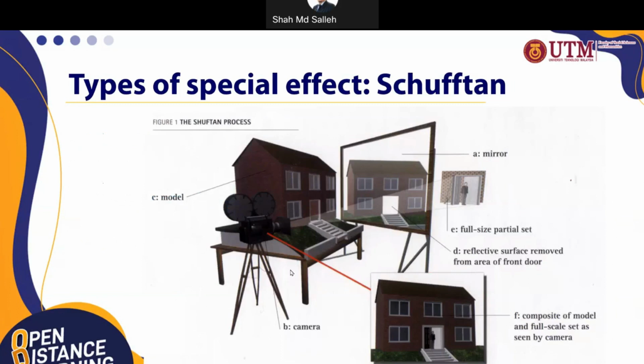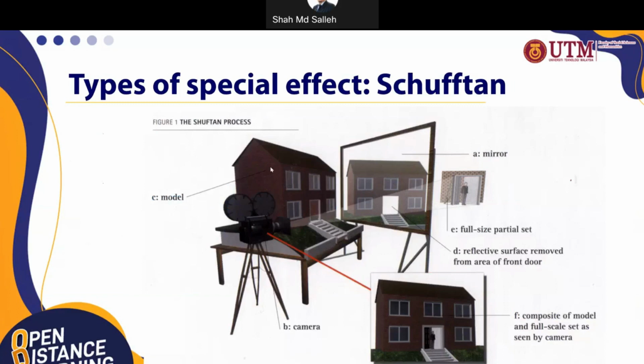Okay, we call it Schüfftan, which is this model. Okay, and then the person, the actors. Okay, the illusion is that this person is going out from this house, but no, the final visual is like this.